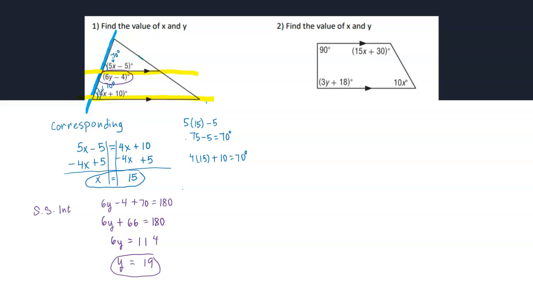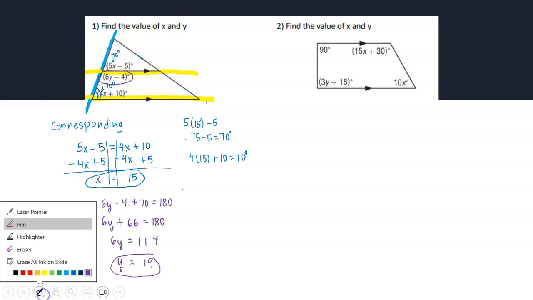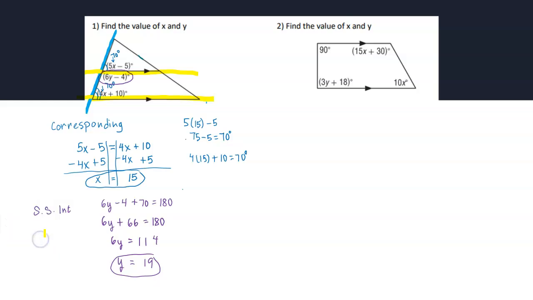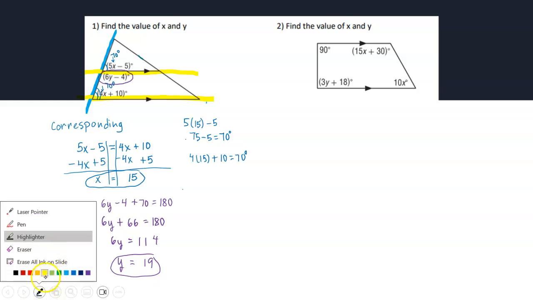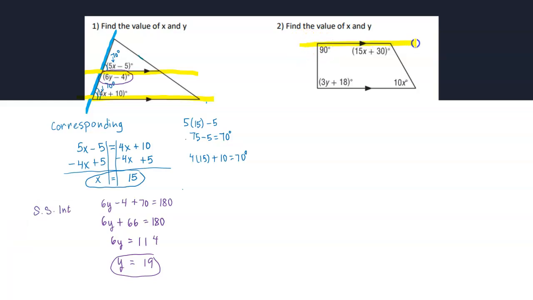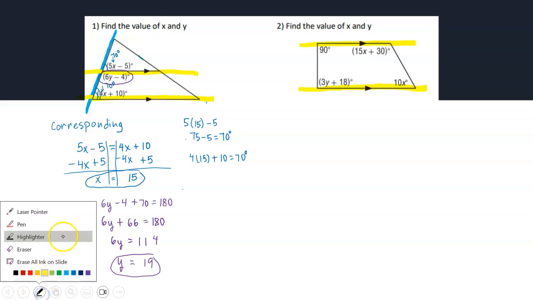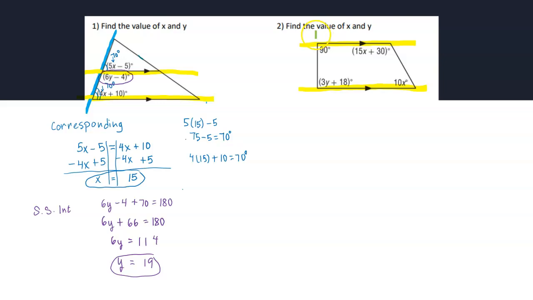If I do something similar for number 2, I'm going to highlight the parallel lines in yellow. And then I notice there are 2 different transversals here. There's one transversal here, the green one, and then there's also a transversal here that involves the angles with x's in them.